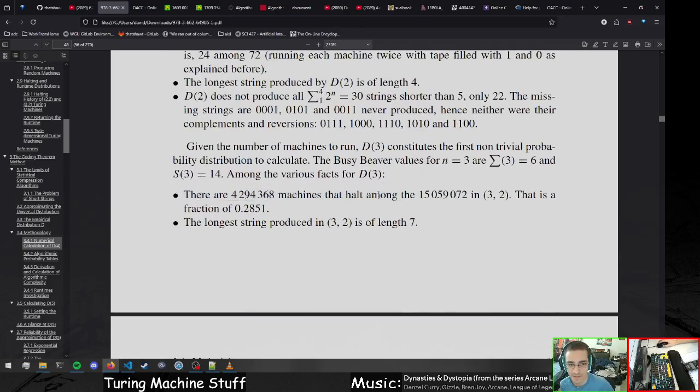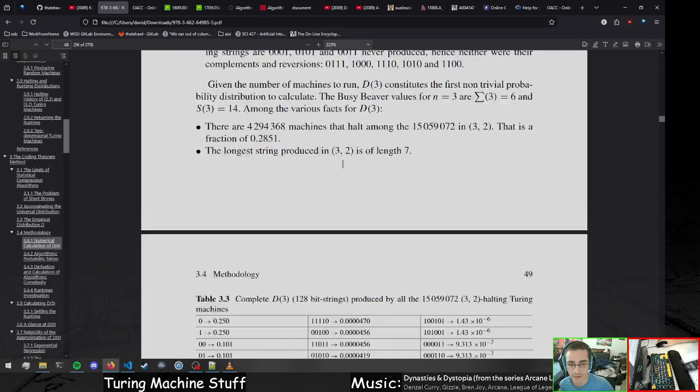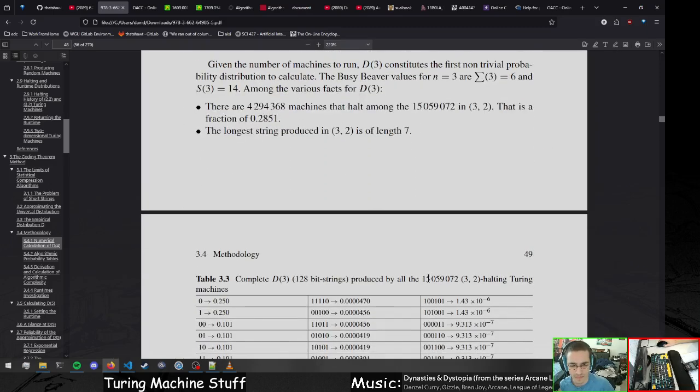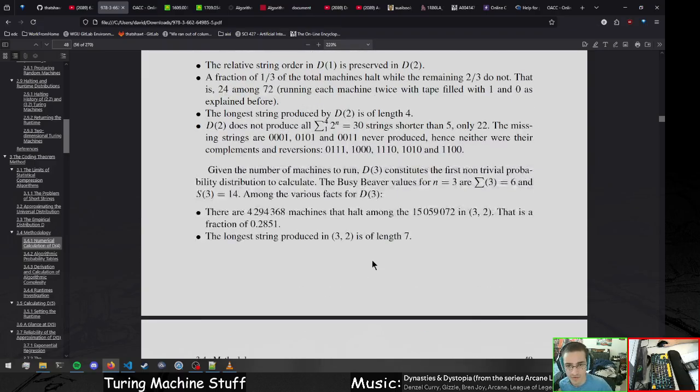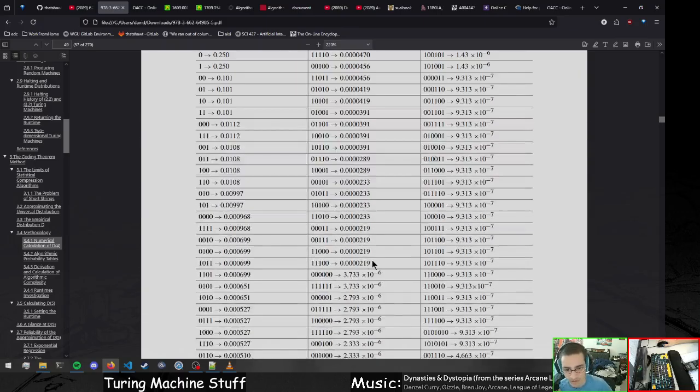What are they saying here? There are this many machines that halt. What? I thought... Am I supposed to get all of the Turing machines, even the ones that don't halt?